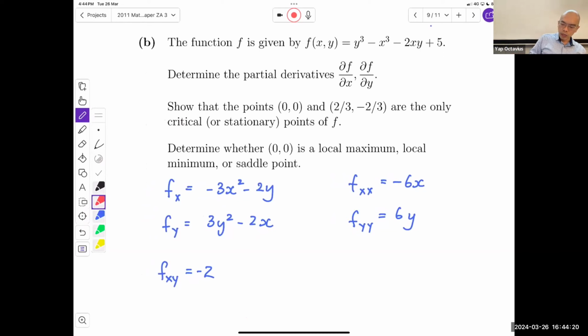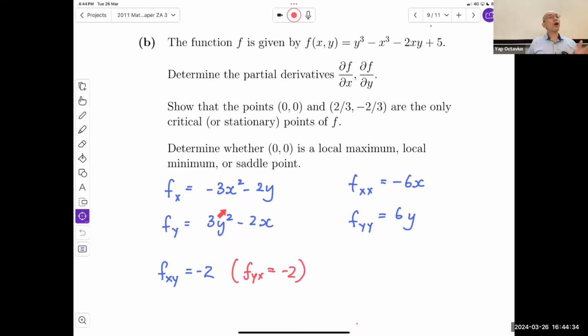So this one, differentiate with respect to x. You also get -2. Stress to you all again, this 2 must be correct. This 2 not correct, no need to do the question already.